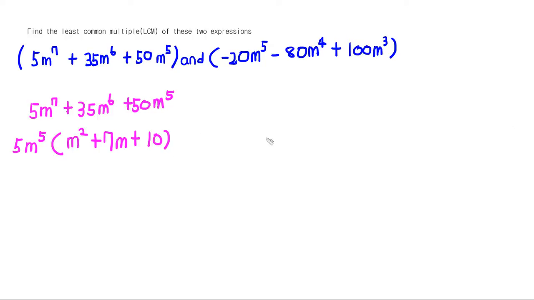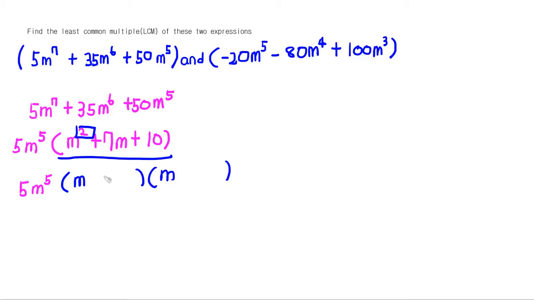And since we know that this term right over here is a quadratic, because the biggest exponent is 2, we can make it into binomials. So let me do it. 5 times m to the 5th power times m, so m times m, and the numbers we multiply should give 10, and if we add them together it should be 7.